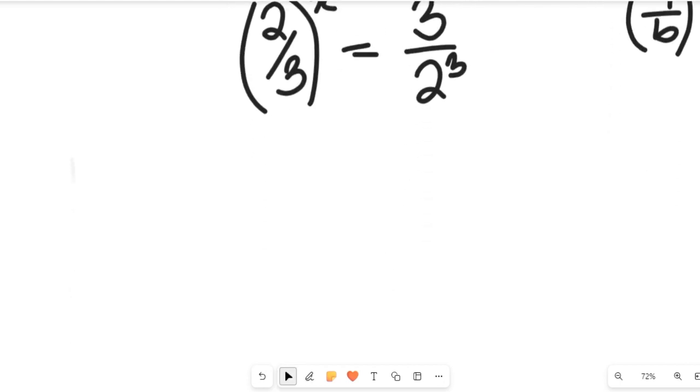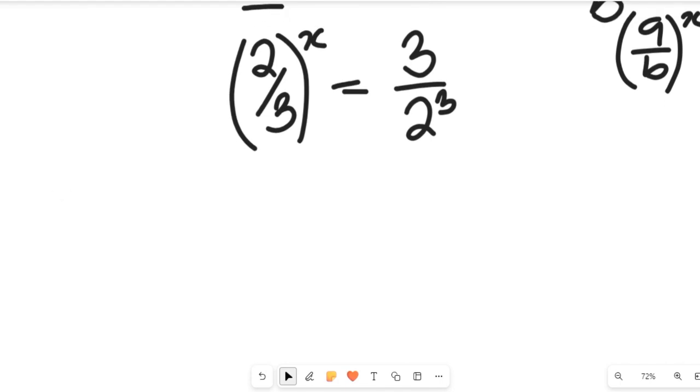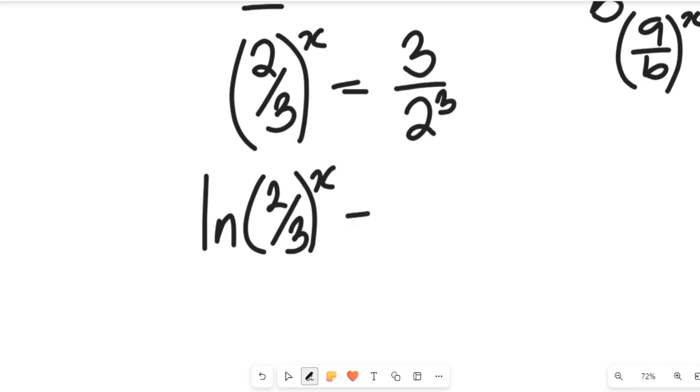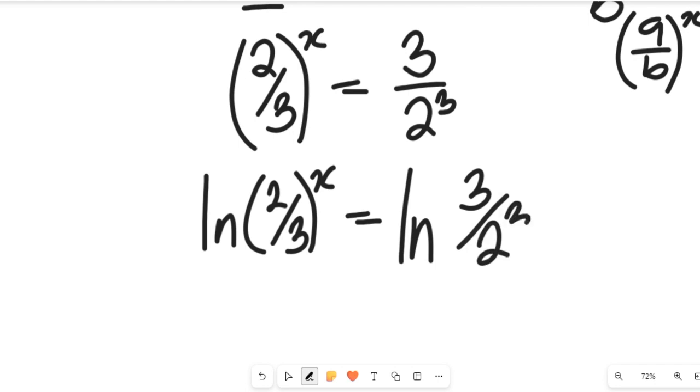So let's expand further. We are asked to find the value of x. So how do we play around with this? The only way we can play around with this is to find the logarithm of both sides. So we are going to take the natural logarithm of both sides. This will give us ln of (2 divided by 3) all to the power of x, equal to ln of 3 divided by 2 to the power of 3.